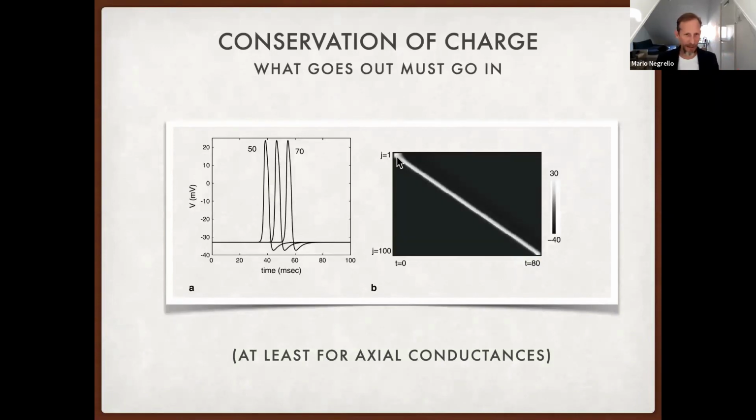It could very well be that you do get leak across the outward membrane, but not within the neuron. You see here on the left panel the 50th compartment and the 70th compartment, and it took about 20 milliseconds for the spike to propagate from one to the other. This is just a demonstration of conservation of charge in compartmental modeling, which is the basic assumption underlying what we just saw in the previous slide.